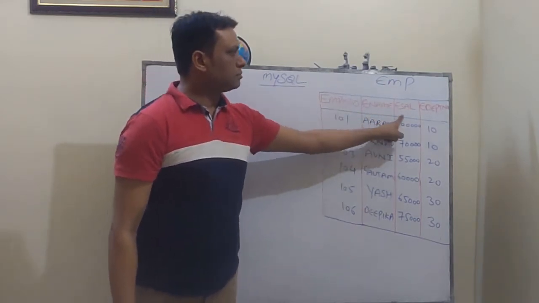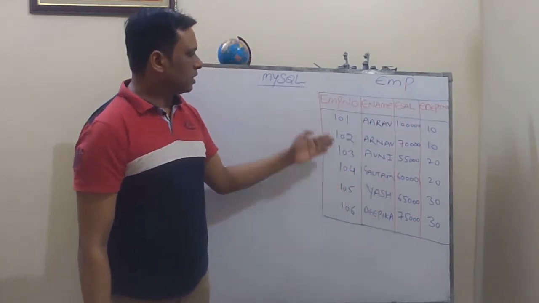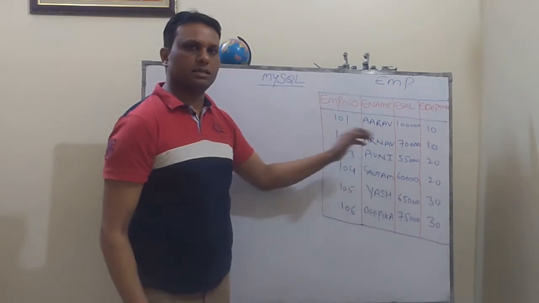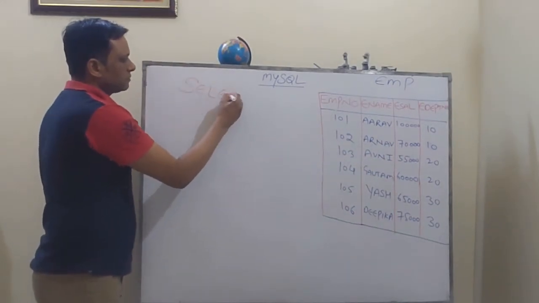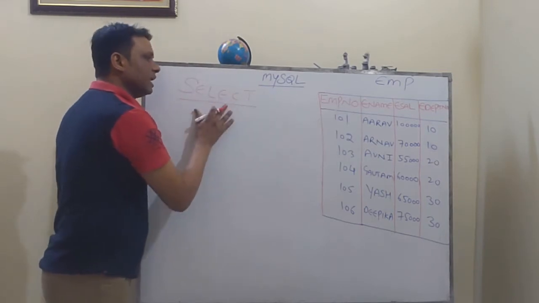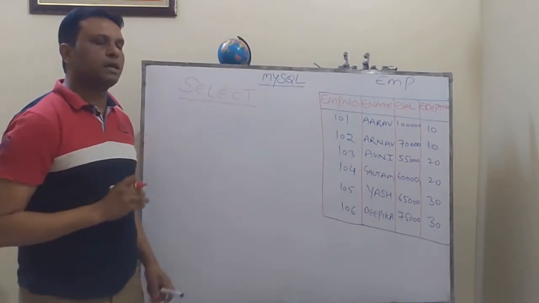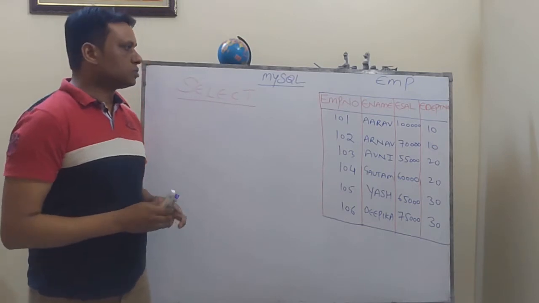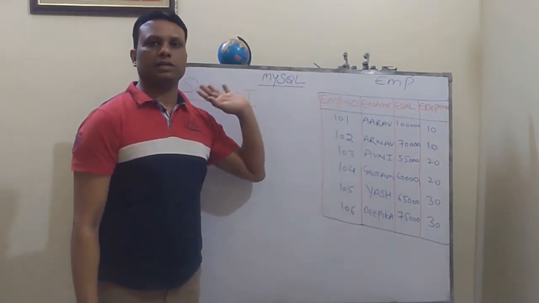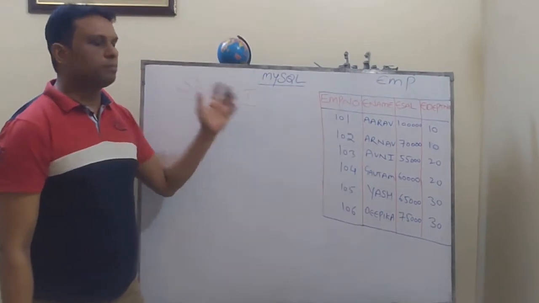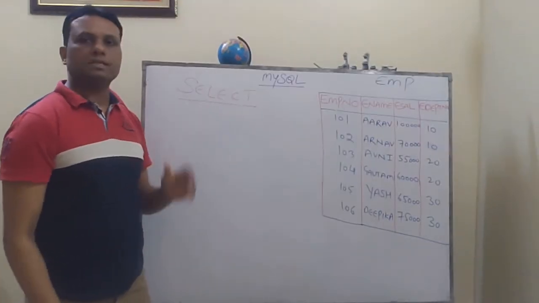There are four columns in it, and in these four columns there are 6 values. They are considered as records. Now let us begin with select. So what is select? Select is a DML command. It is used to select data from the database object with or without condition. So today we will learn how to apply the condition with select command.